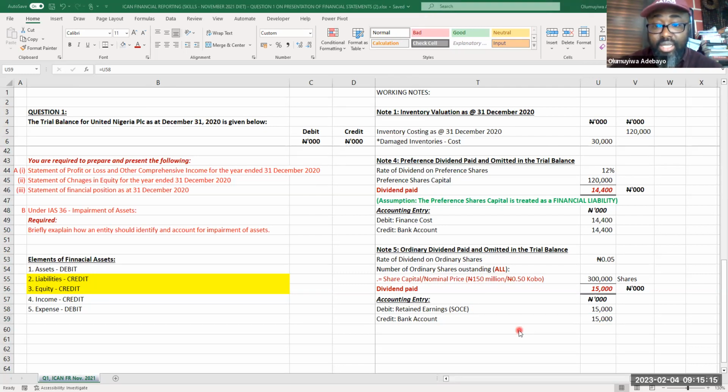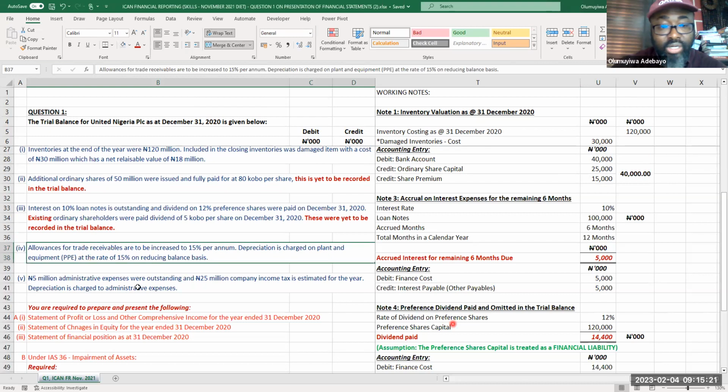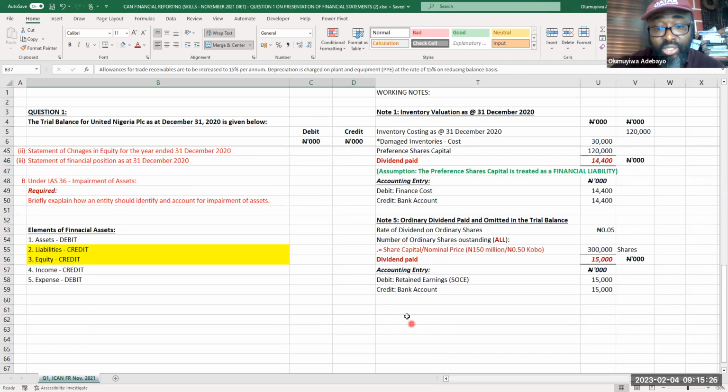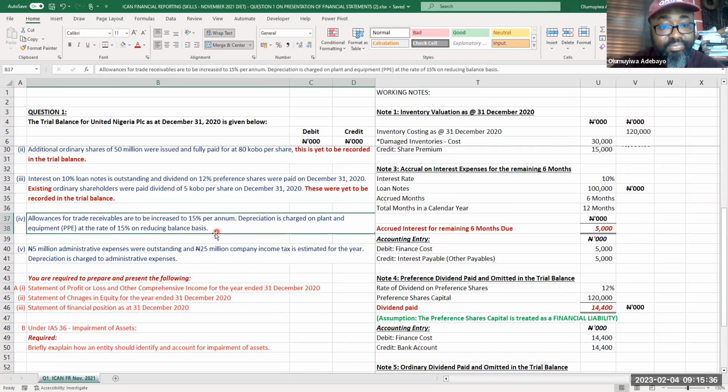That is that. Now, what other notes? Okay, note 4. Sorry, additional information 4. What is that note now? We'll call it note 5. And what is it? Allowance for trade receivables are to be increased to 15% per annum.